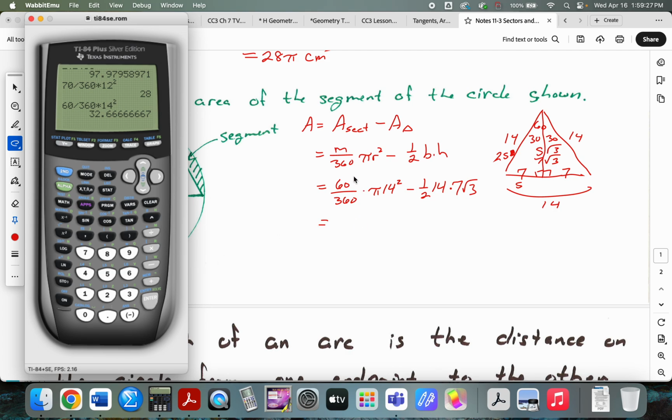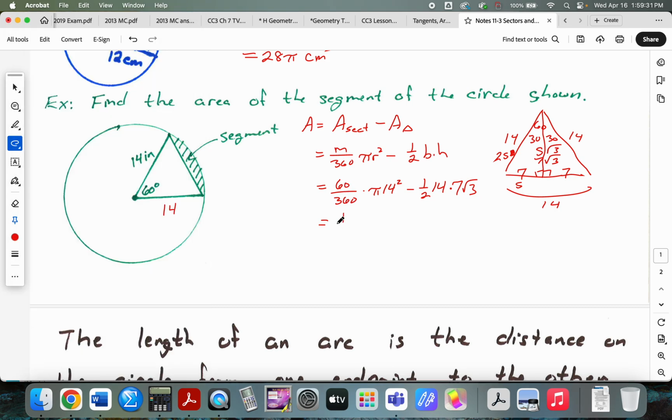So what I'm actually going to do is reduce this. 60 into 360 is 1/6. 14 squared is 196. Let's see, half times 14 is 7, and 7 times 7 is 49.